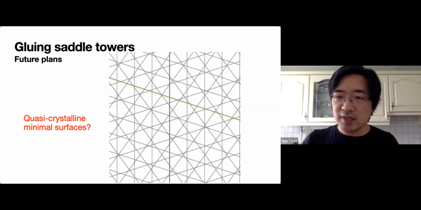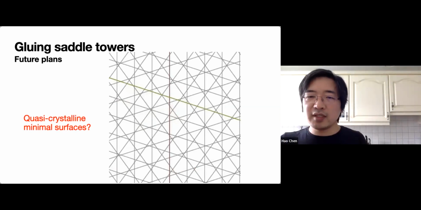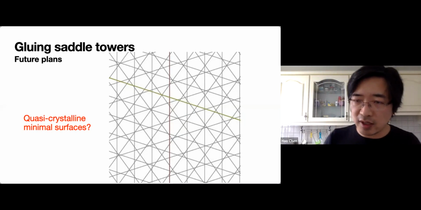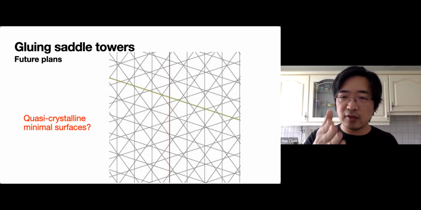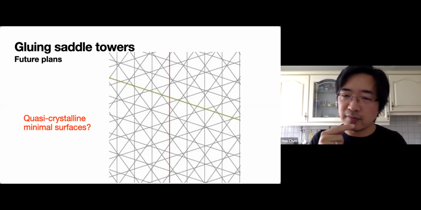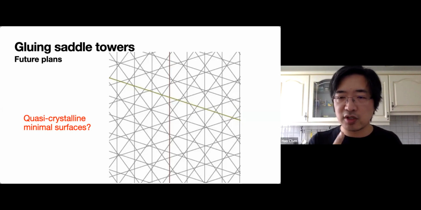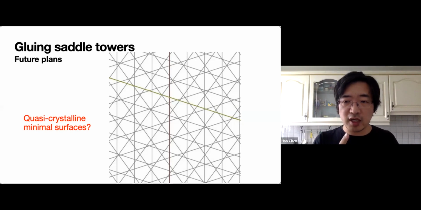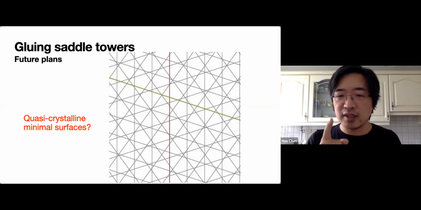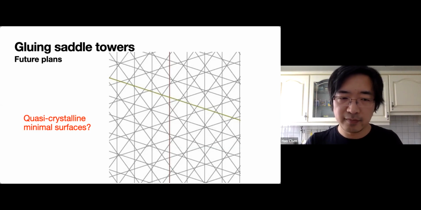And let's be crazier. Can we desingularize this configuration? Some of you might recognize that this is the Bravais diagram. They correspond to perovskite. If this construction is successful, then we would have, for the first time, a minimal surface that deserves the name quasi-crystalline.